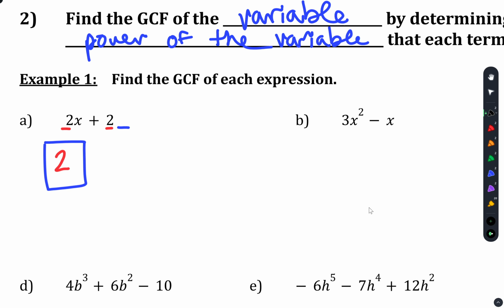In letter B, let's again start by looking at the coefficients. What's the coefficient in front of that negative x? When it's not written, it's a 1. So what's the GCF between 3 and 1? 1. That's the biggest number we can take out of each. We don't usually have to write the 1, but I'm going to write it for now. Then I take a look at the x's. Is there an x, at least one x in every single term?